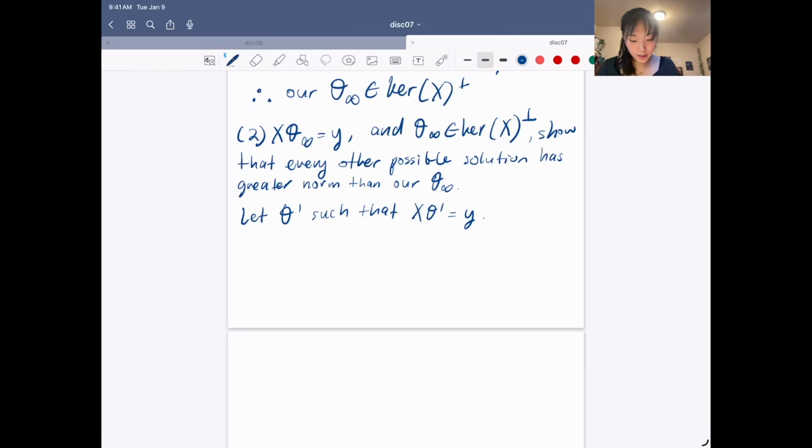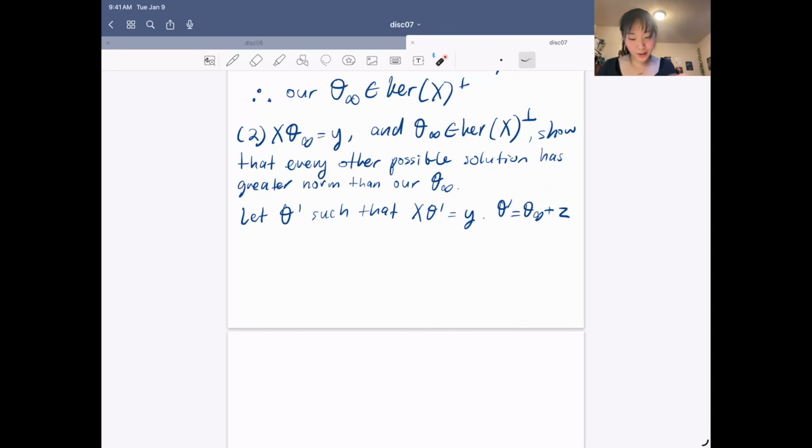And because theta prime does not fall into the perpendicular kernel space, because we just showed that our solution falls into the perpendicular kernel space, there are many other solutions, but all those other solutions exist and they're equal to theta prime, like theta infinity plus some z such that z is in the kernel space.